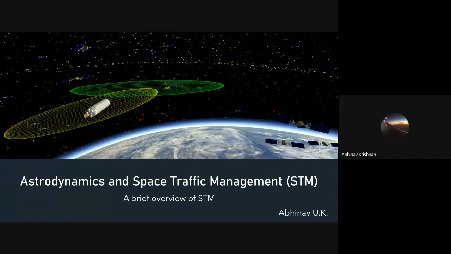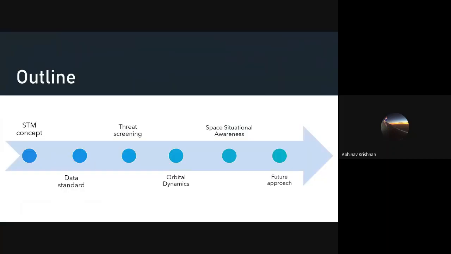Here we go. So in this outline, we are looking at first the idea of certain topics within STM, space traffic management. As I mentioned, it's an umbrella term. And going forward, we would look at data standards that are applied in the industry. The reason I wanted to do this lecture, which brings in the perspective of industry, is because we might have a theoretical aspect of how we can handle certain mission parameters in space.